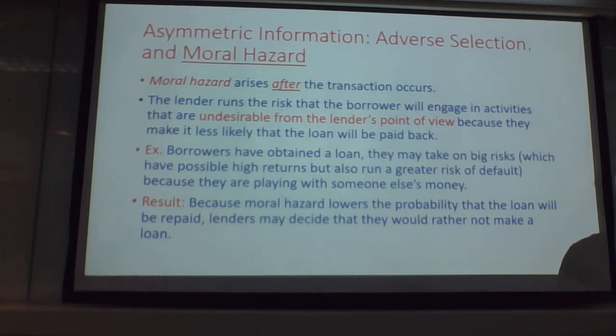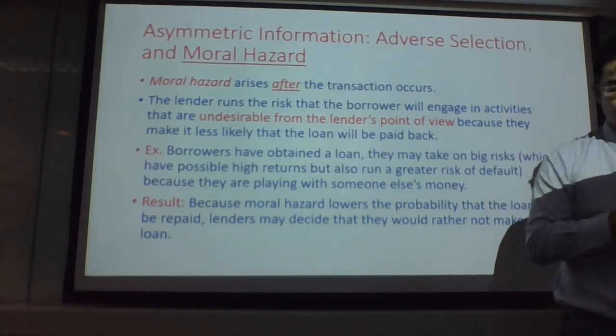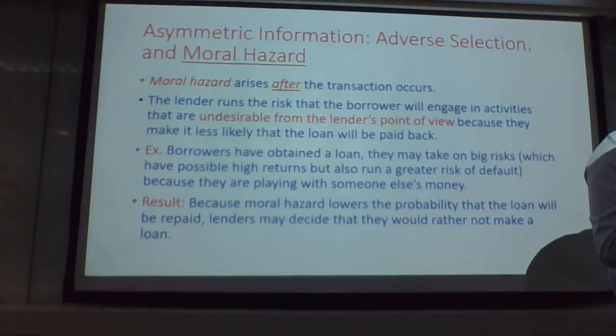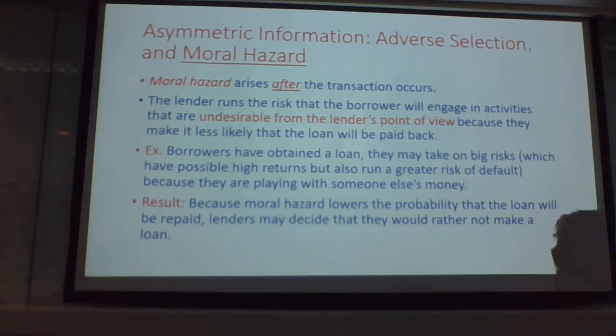We have a conflict here between the borrower and the lender. The borrower uses the money in another way, different from what the lender would like them to use. This is moral hazard, and because of moral hazard, the financial transaction will not occur.